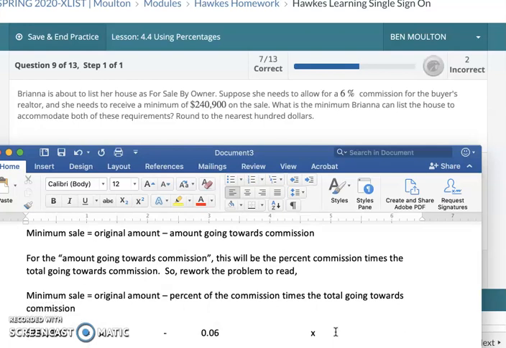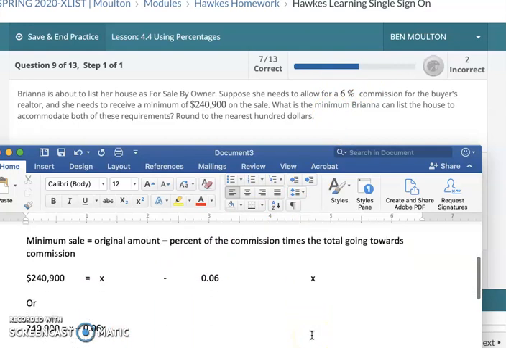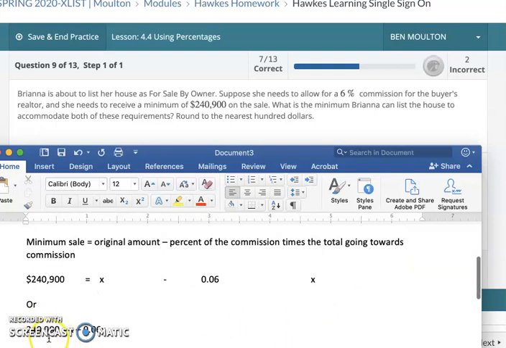So in this case, we're taking $240,900. We're going to set that equal to X, minus your 0.06 times your total again, which is X. We don't know that. So you can condense it a little bit: 240,900 equals X minus 0.06X.